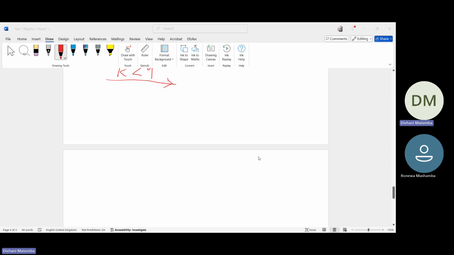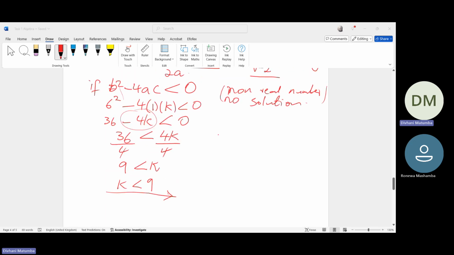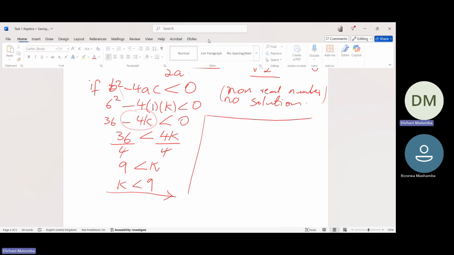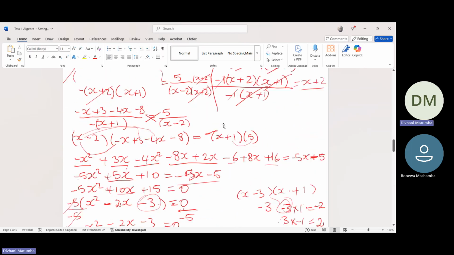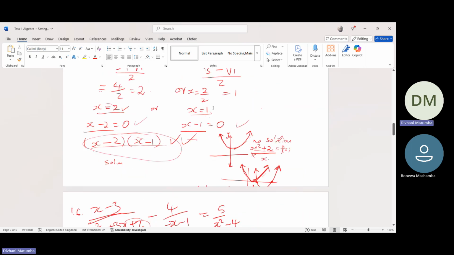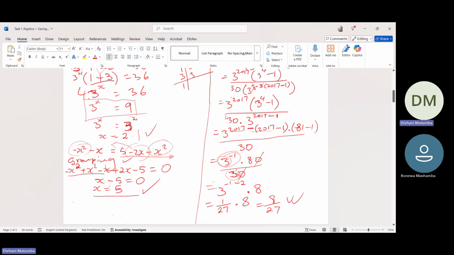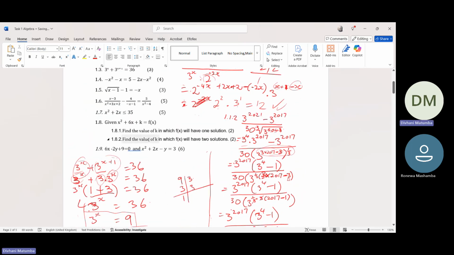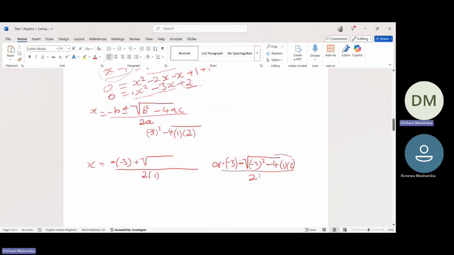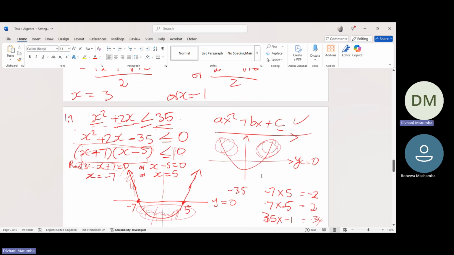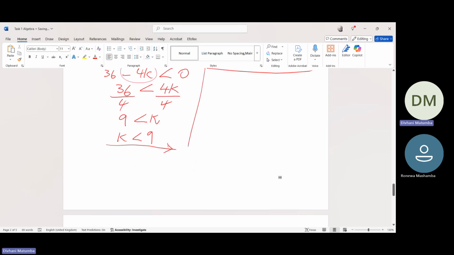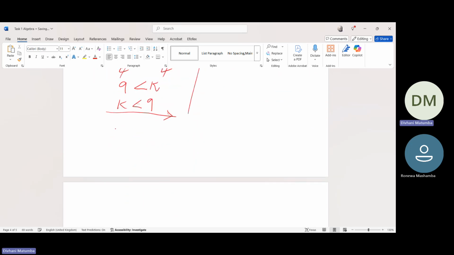So I just want to equip you on different conditions. Now, let's see what the second question says. The second question says, find the value of k in which f(x) will have 2 solutions. So let me show you what a parabola with non-real solutions looks like.